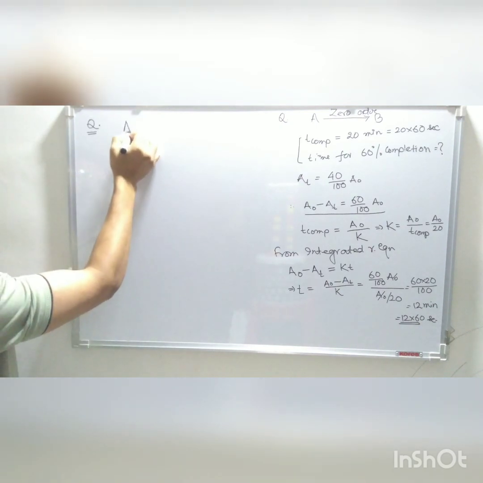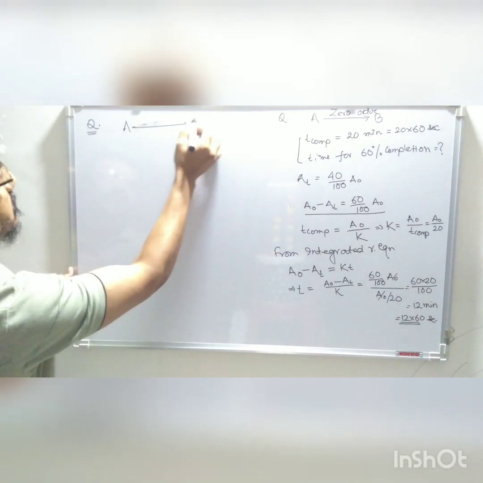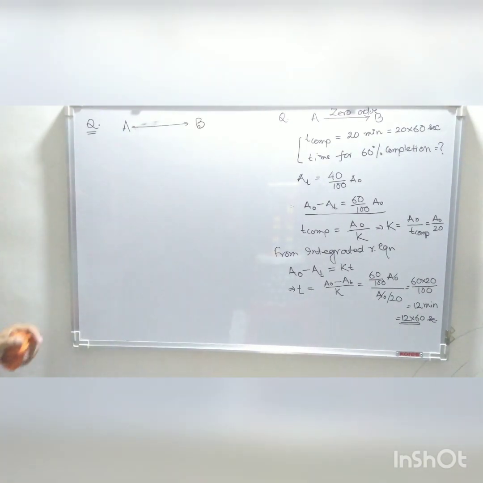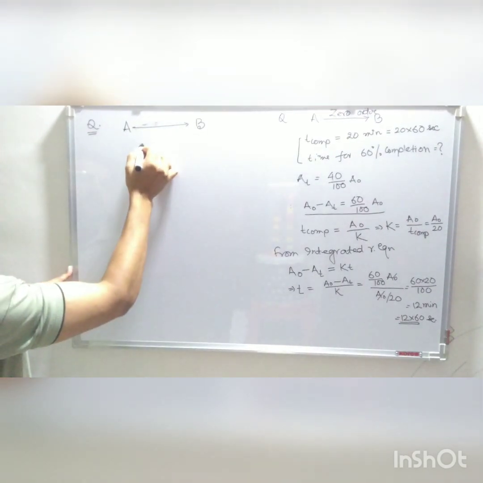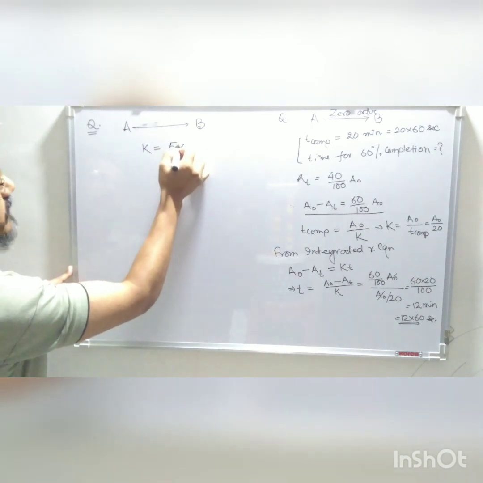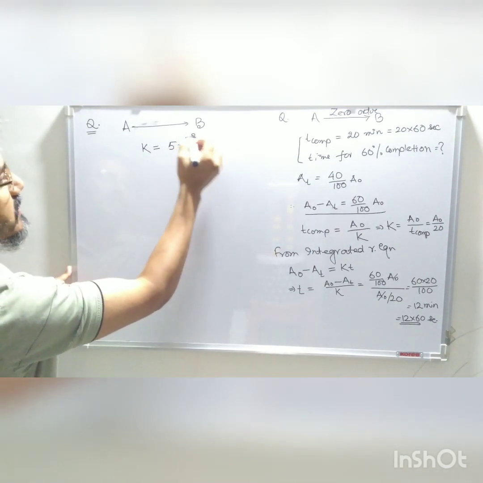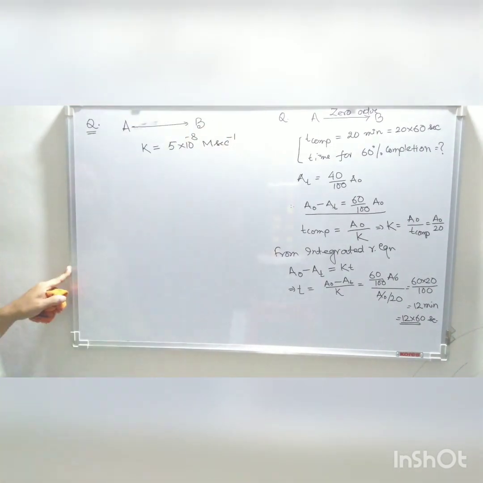Again we have a zero order reaction, or we can say we have a reaction given here. For this reaction, the rate constant K is equal to 5 into 10 to the power minus 8 molar per second.